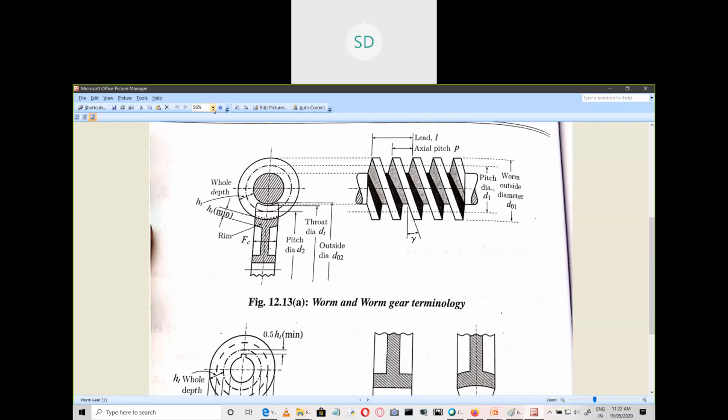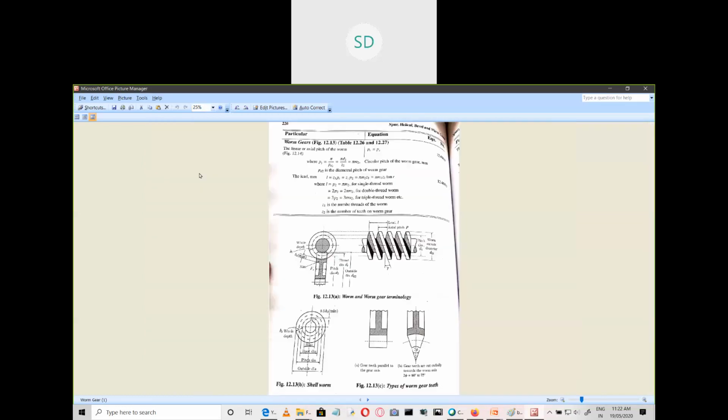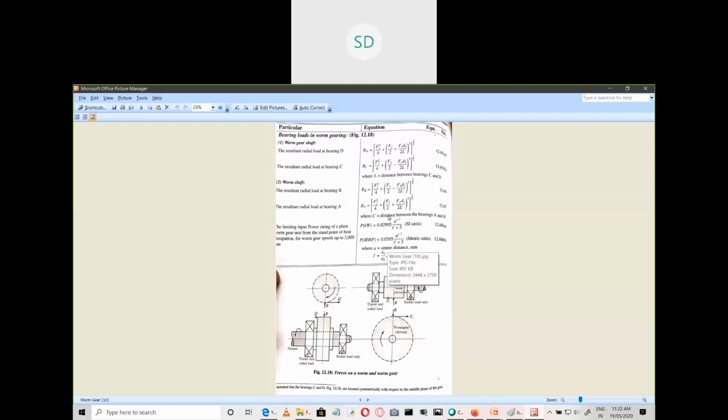Now in this case, the calculation of pitch circle diameter is not the same for both. You need to calculate the pitch circle diameter for the worm and the worm gear differently. In the earlier cases, you used the same equation to calculate the pitch circle diameter.